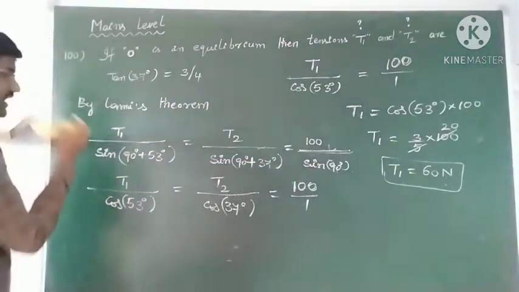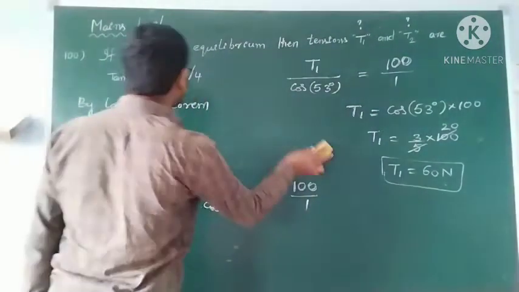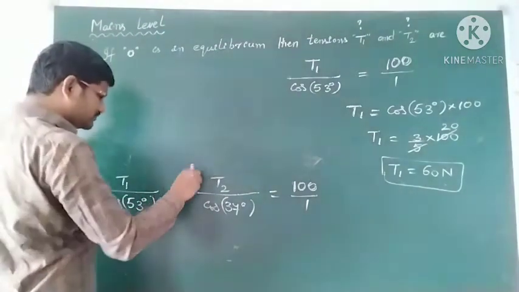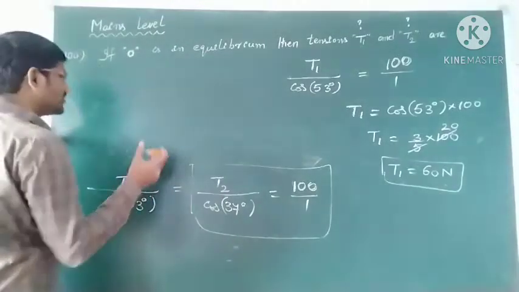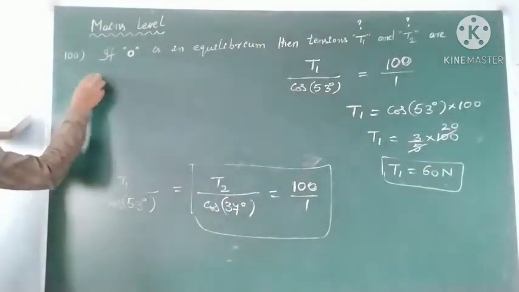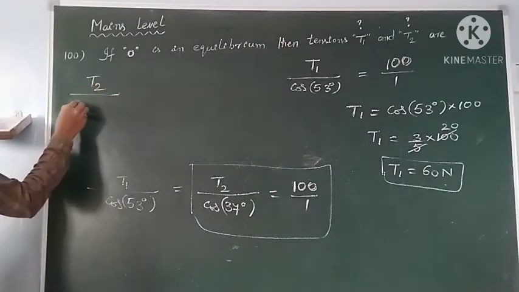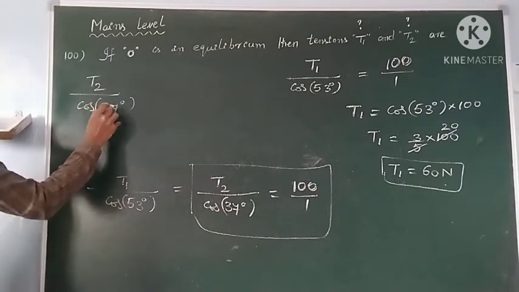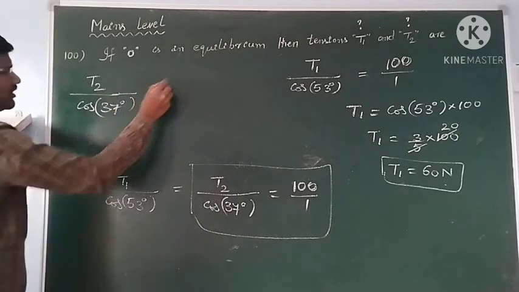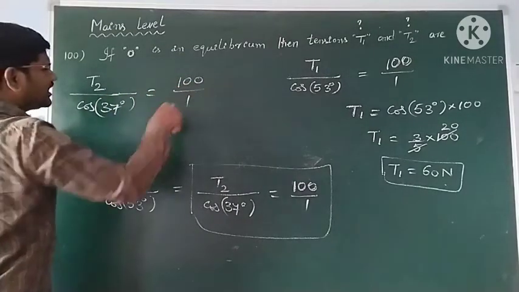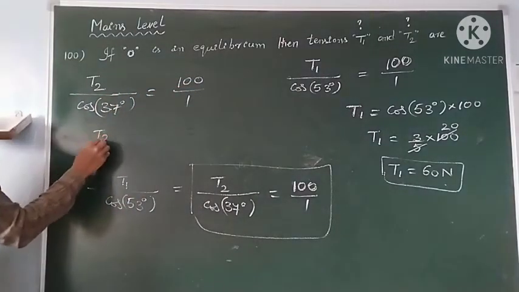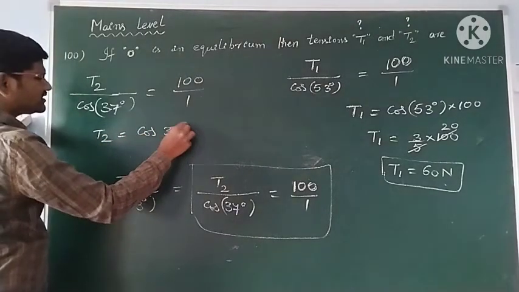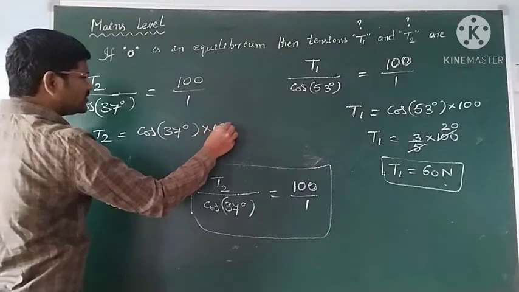Now we will calculate T2. Equate these two: T2 by cos 37 degrees is equal to 100 by 1. Then T2 is equal to cos 37 degrees into 100.